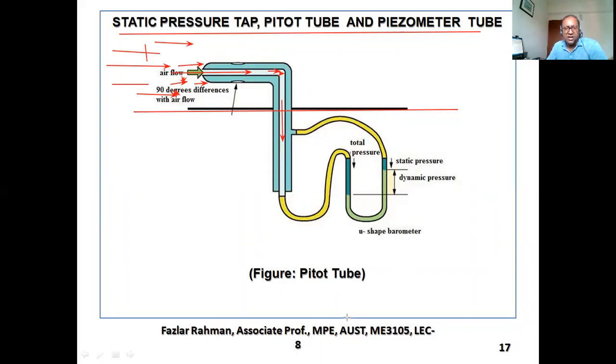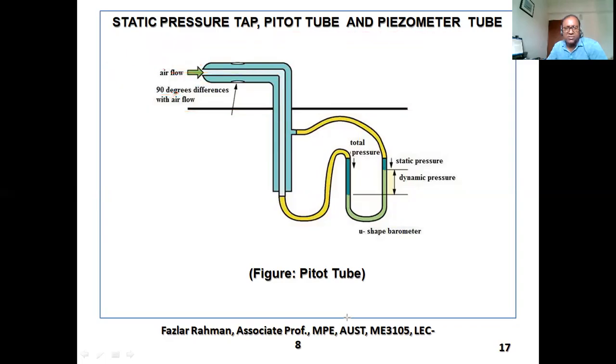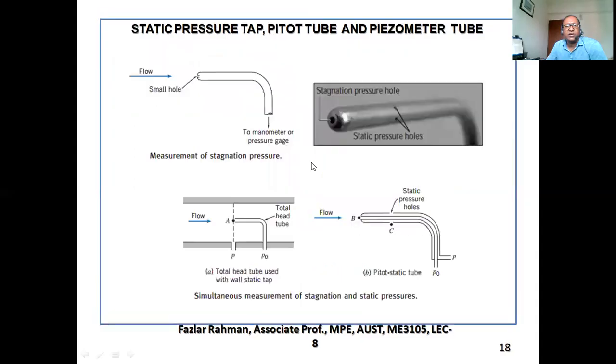Let me just give you the preliminary idea. Then we can show how we apply Bernoulli's equation in the pitot tube. So right over here, you see a pitot tube. Okay, so the fluid is flowing.